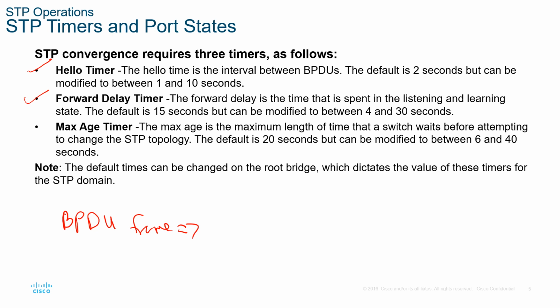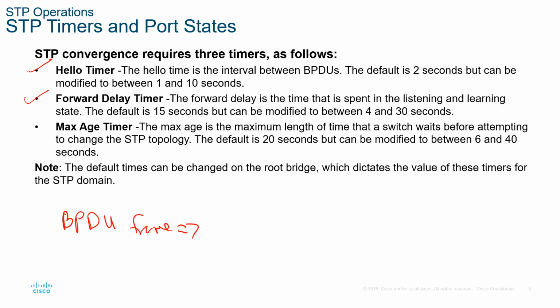So basically it is the change of port status from blocking to listening, and from listening to learning. This will be explained in the next slide. But what we need to understand in this section is that STP requires 3 timers: the hello timer, the forward delay timer, and also the max age timer.